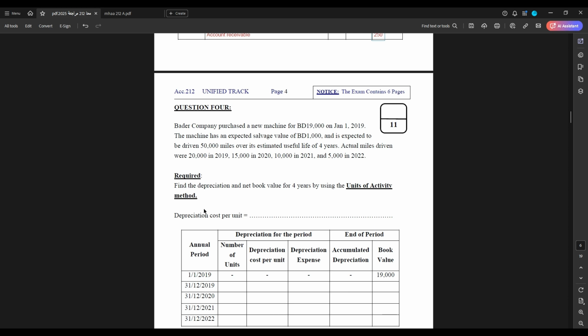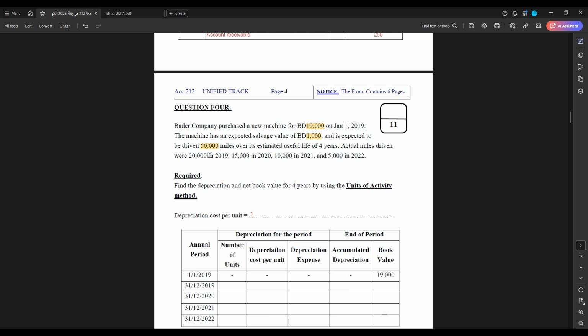So starting with the depreciation cost per unit, how to calculate it by the following steps. We have the cost of 19,000, and we have the salvage value of 1,000. We will divide by total miles.